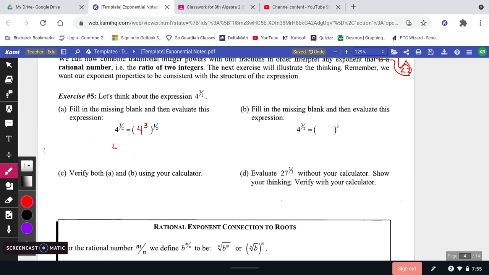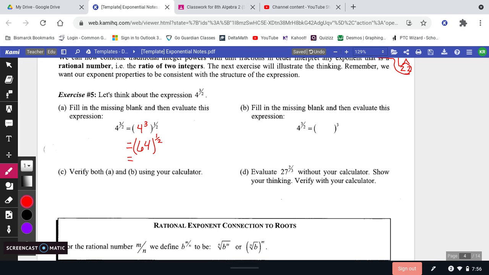Because remember, power to a power, multiply exponents, so 3 times 1/2 would be 3/2. Then if we evaluate this, 4 cubed is 64, and then taking that to the 1/2 power, remember 1/2 power means square root, so the square root of 64 would be 8.